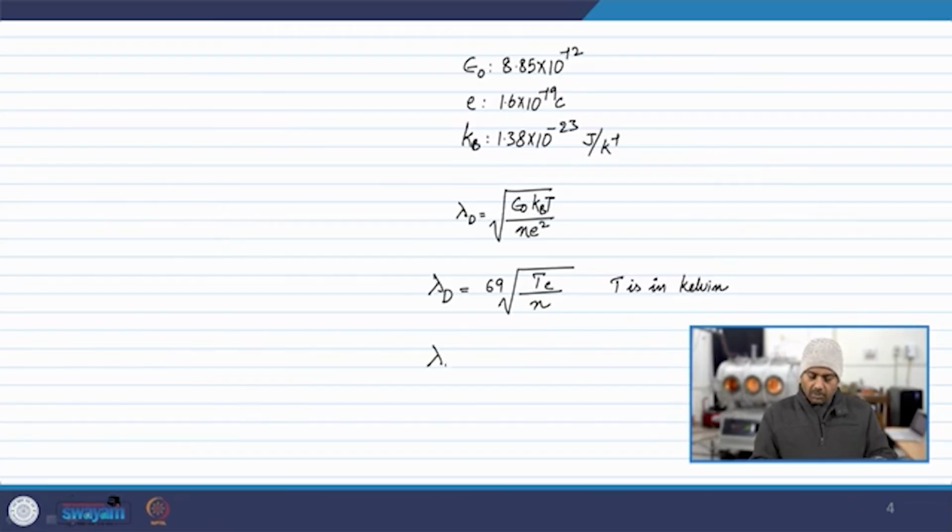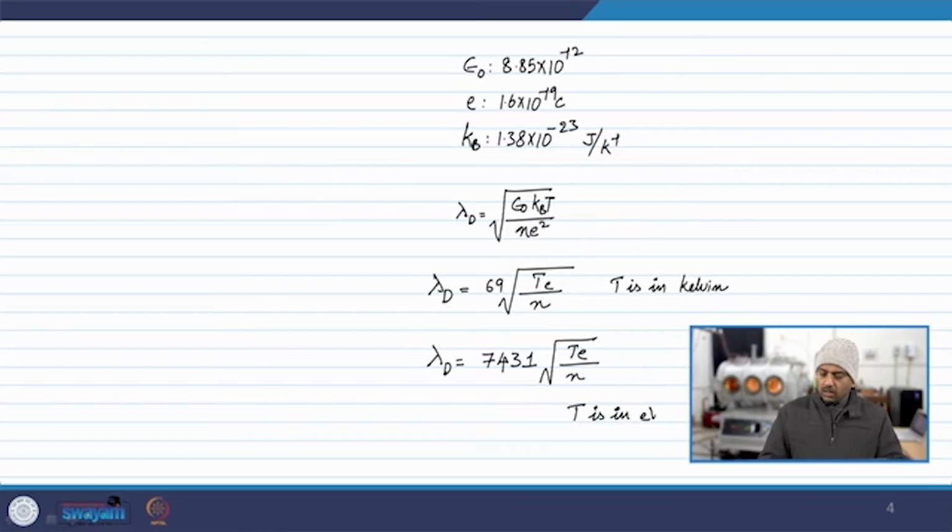The same expression can be written if you are using the plasma temperature in units of electron volts: 7431 times the square root of Te by n, where the temperature is in electron volts. You can remember that 1 electron volt is equal to 11,600 Kelvin.